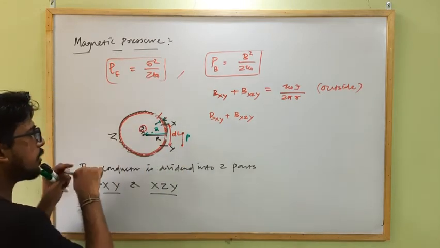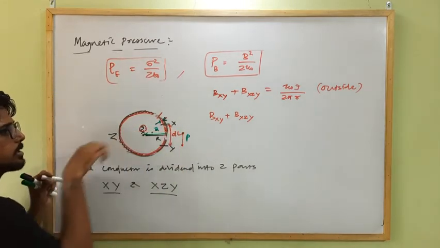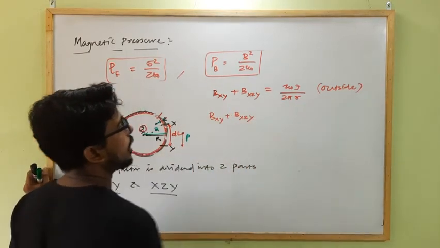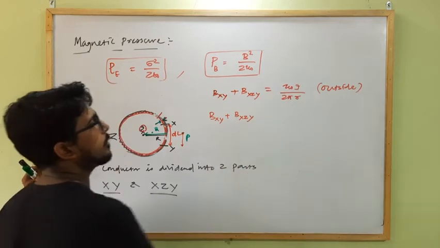Similarly for xzy, current is into the plane, the position vector is here, and again B is along the same direction. So these two get added up outside, which gives the net magnetic field mu naught I by 2 pi r.